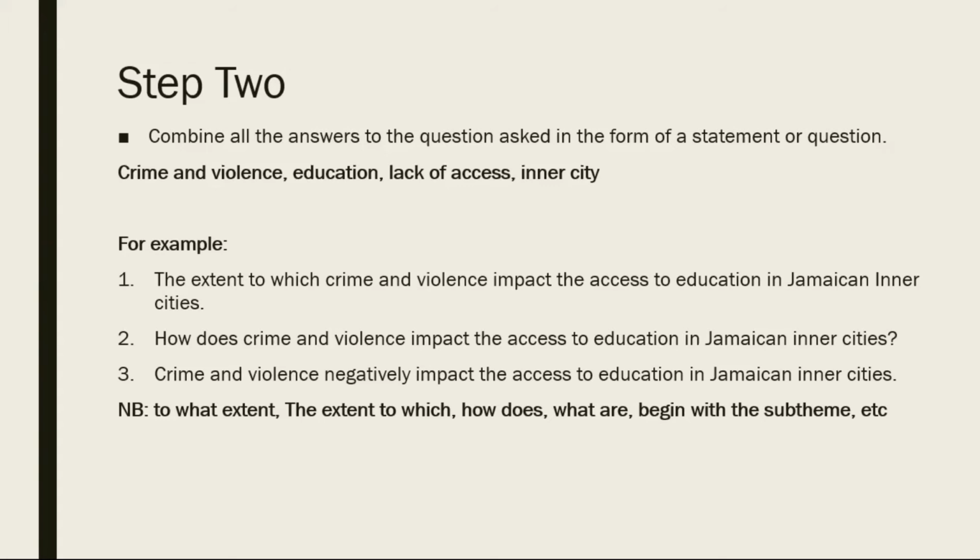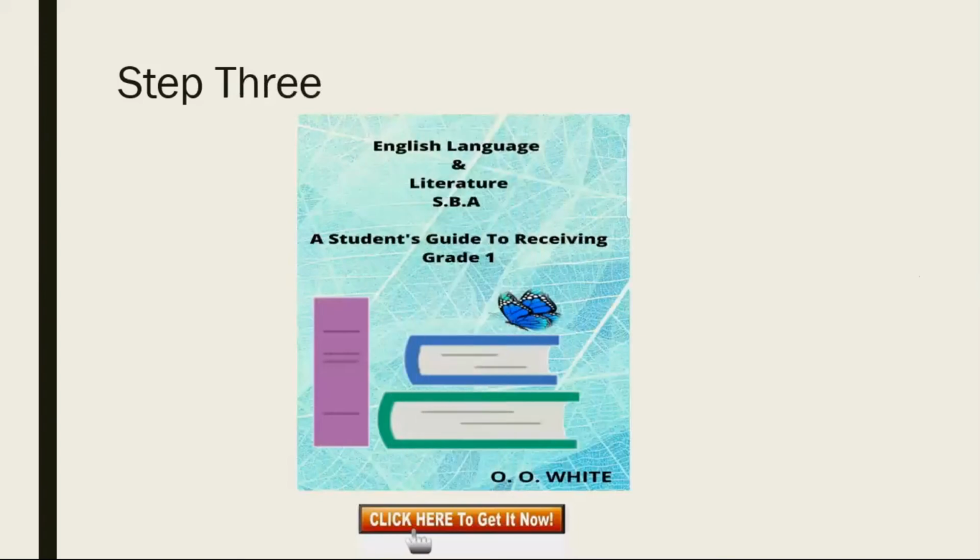Now, of course, there are other ways in which you could get assistance in how to complete the English Language SBA. Let's go to step 3. Step 3 says that this book is now available. It is entitled English Language and Literature SBA, a student's guide to receiving grade 1. Believe me, it is simple, but you must be asking, why should I get this book?